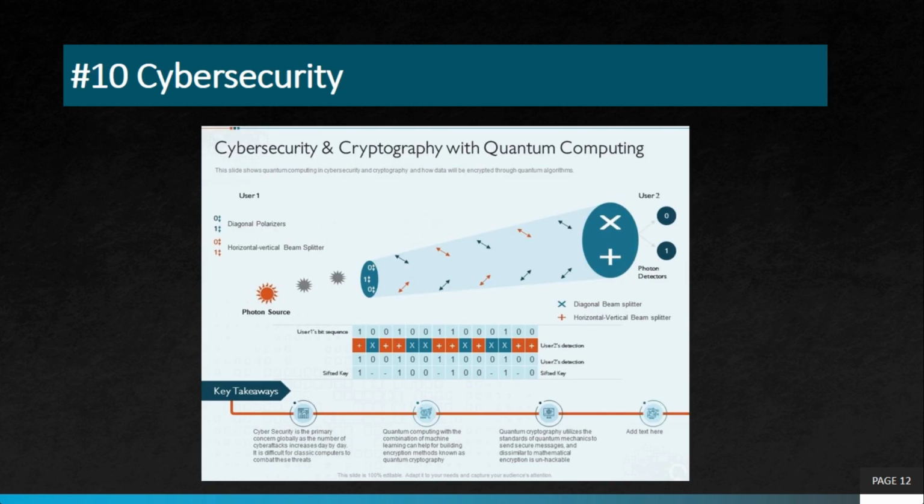And the last one in our list is cybersecurity. This is the best part and the most attractive part of quantum computing. Quantum computing can enhance cybersecurity by analyzing large amounts of data, right? And it can identify potential threats, and apart from that it can do a lot of things. Suppose you are creating certain keys that are going to be used to lock your password, and that key is something you're generating on a random basis.